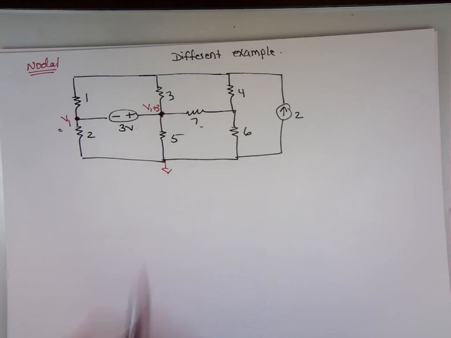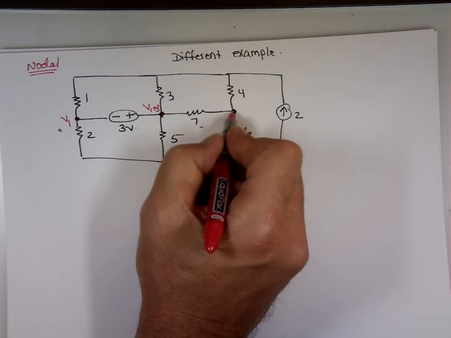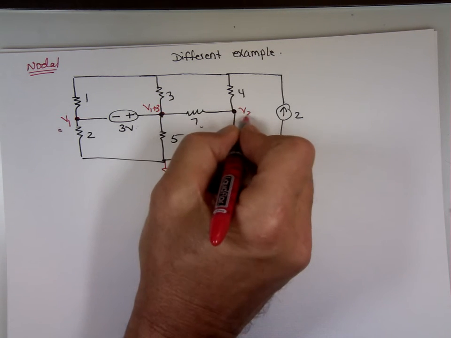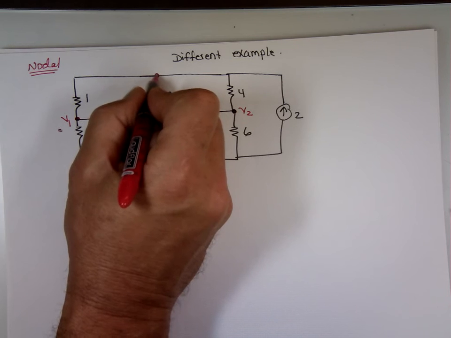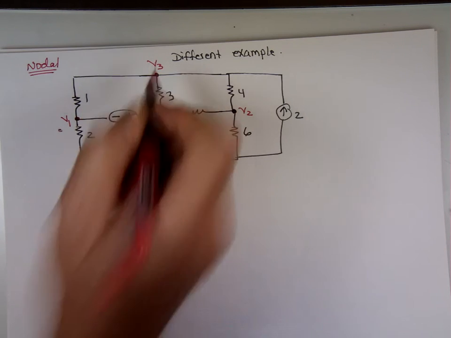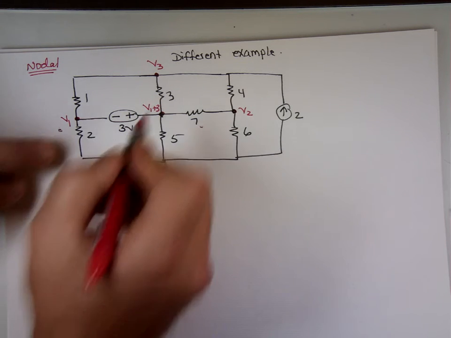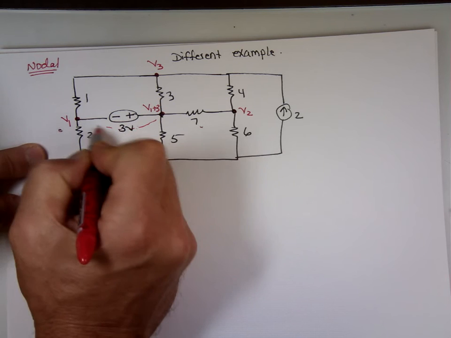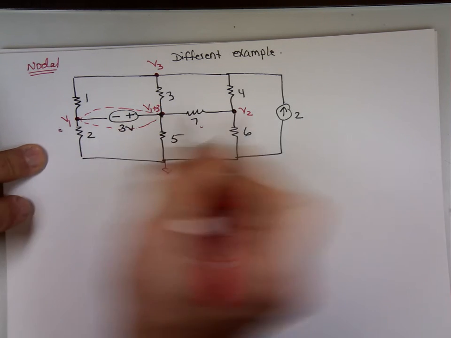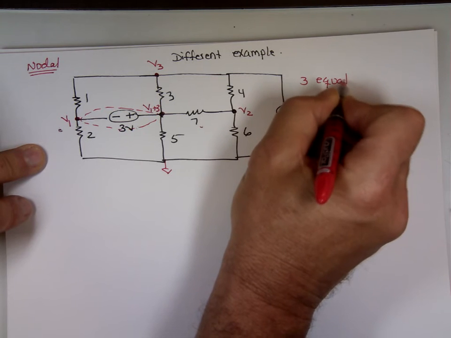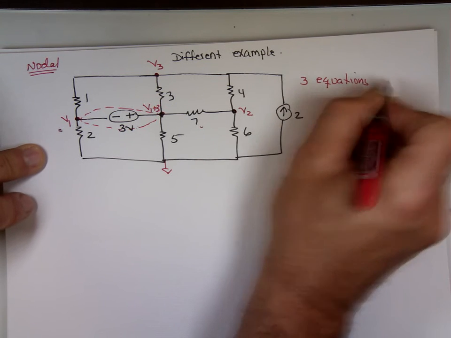Do we know the value there? No, that's V2. Do we know the value here? V3. How many equations by how many unknowns? 3, right? That's your supernode. That'll be 3 equations by 3 unknowns.